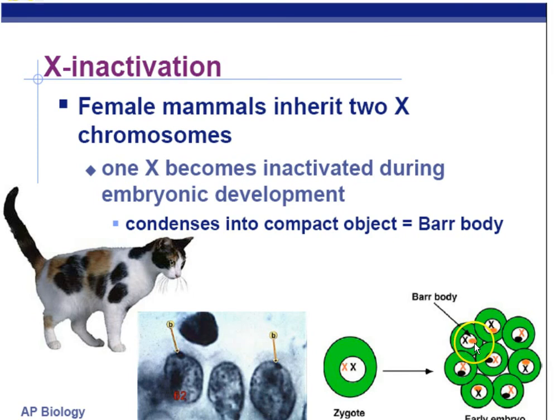So if you inactivate the brown fur allele on the X chromosome, then all the cells that come from that cell by mitosis will have the black fur allele turned on, and all those cells will make the black fur spots. And the opposite is true.